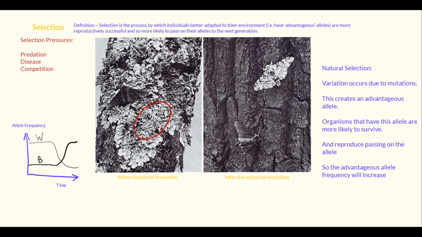So in our example, the mutation caused the black appearance of the peppered moth, and after the Industrial Revolution, this gave them an advantage. They could survive, they could reproduce, passing on the black allele, and therefore the frequency of the black allele will increase, as you can see on the graph on the left-hand side.